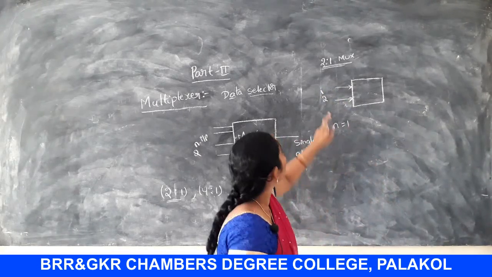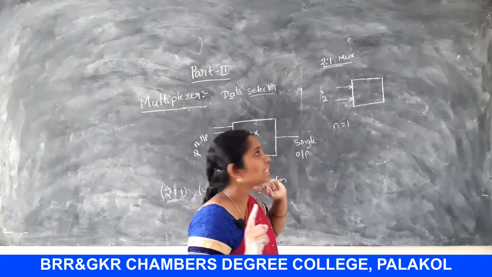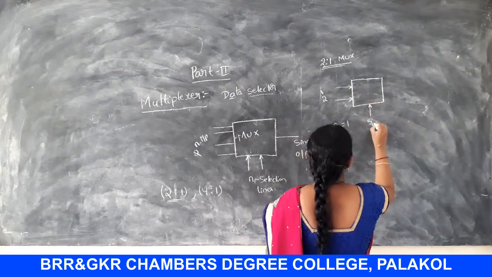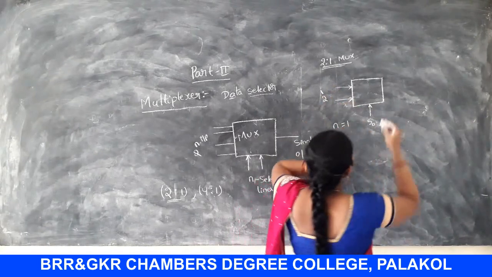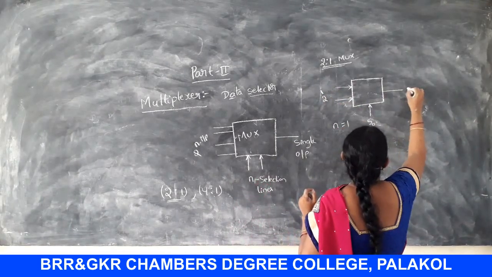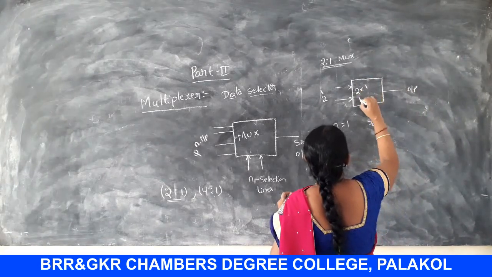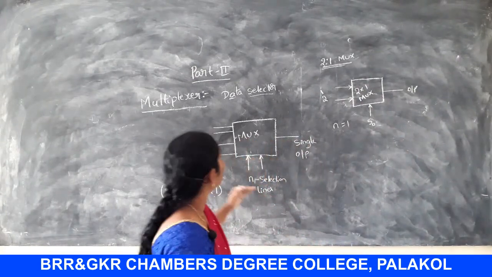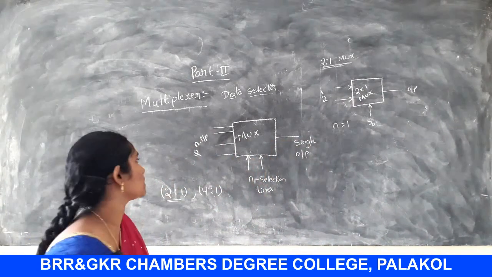That means the 2:1 multiplexer has only one selection line, and that selection line is S0. Depending upon these two inputs, it will give only one output. So this is the 2x1 mux. Next we will draw the truth table for the 2x1 multiplexer.